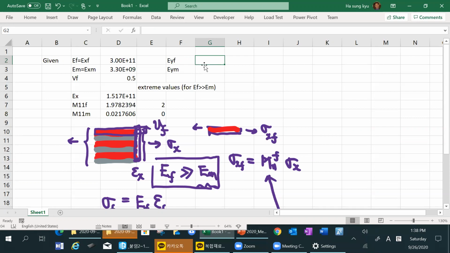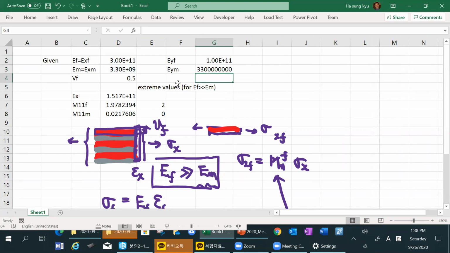So I would say it's of the order of the resin, so we can say E9. And EYM, the matrix, is always isotropic, so this will be the same as that one. And then we assign the name here.